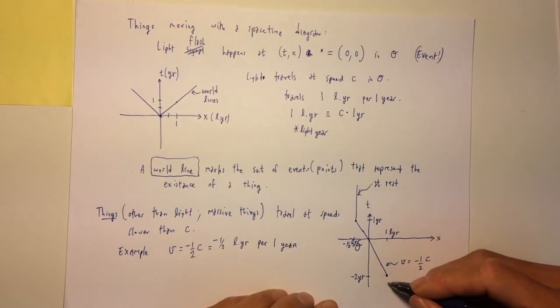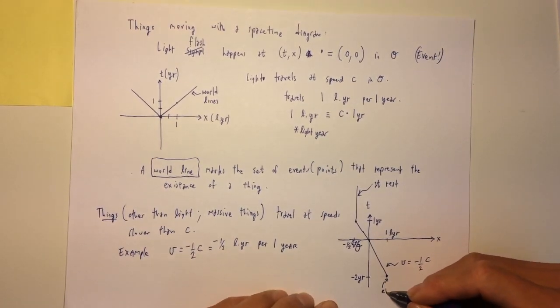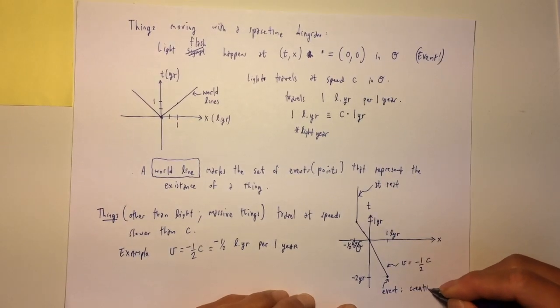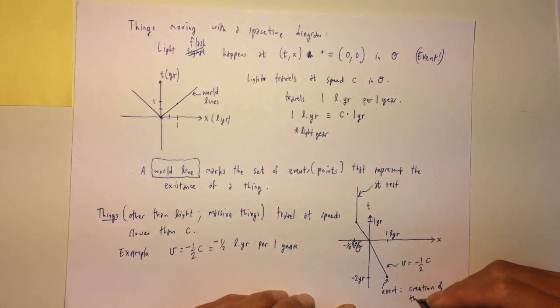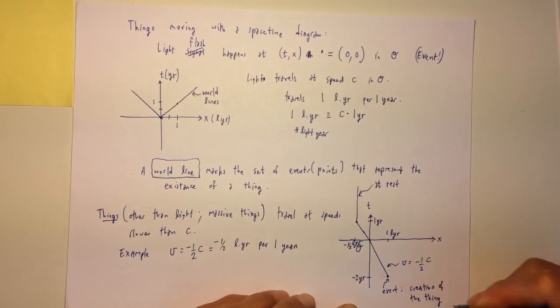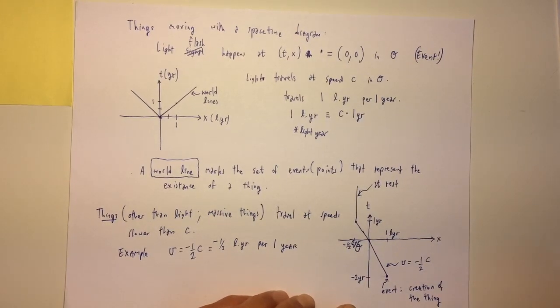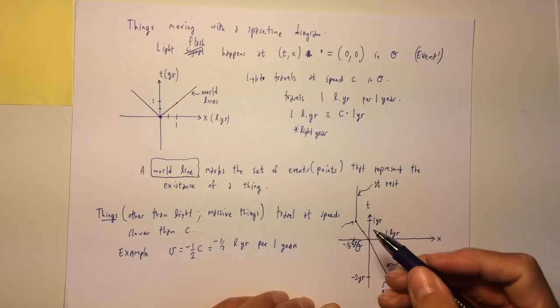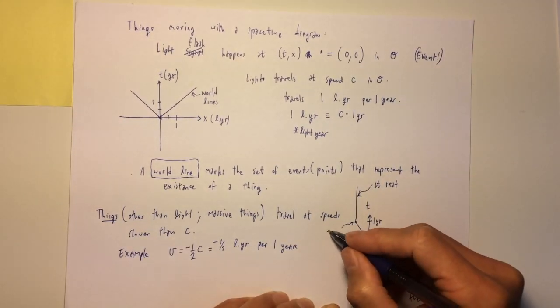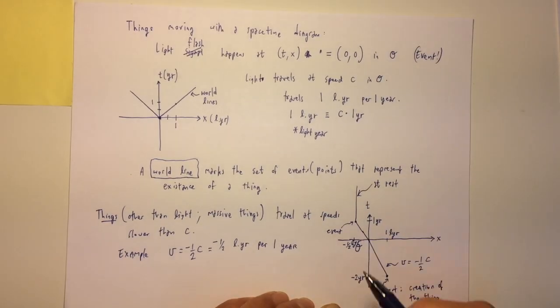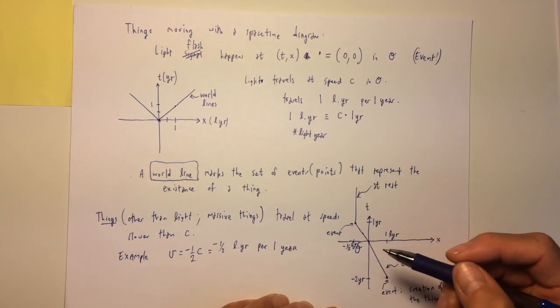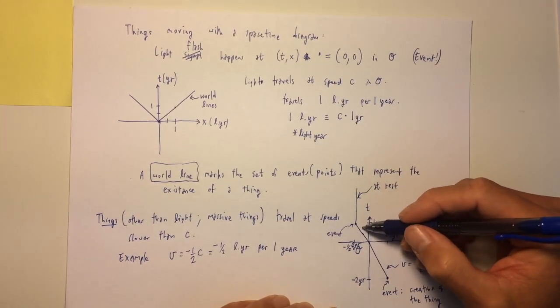And this right here is an event. You could say that this is the creation of the thing, right? And it's sort of unphysical, but you might mark this corner as an event also, where this event is an abrupt change in motion. It's like a crazy deceleration, right?